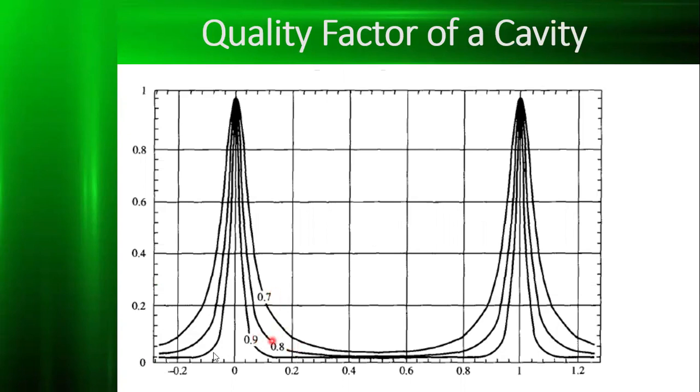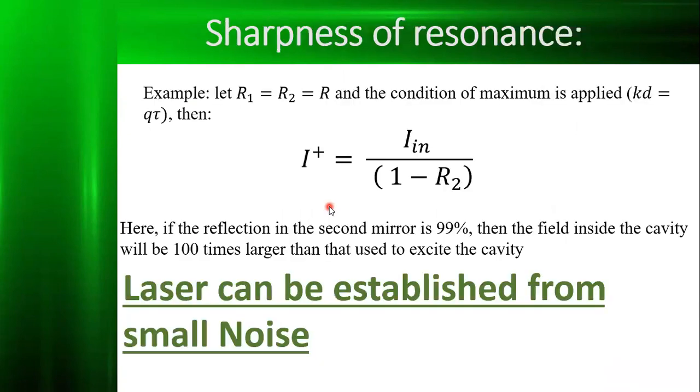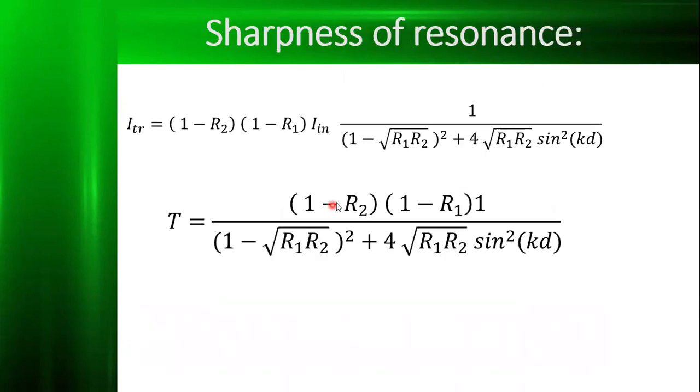And by varying these reflectances R, you can see that we have different curves with different bandwidths or variations with respect to the resonant frequency. Also, if you did not fulfill the condition R1 equals R2 equals R, or if you did not fulfill the condition of resonance, you will get different curves.